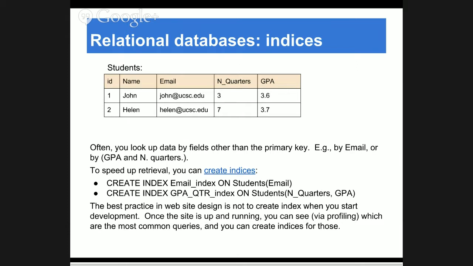Now you have a lot of rows, and the interesting thing is to read back data in some ways. For example, you can say, tell me everybody that has the email john@ucsc.edu. Or tell me everybody who has been here for at least 6 quarters and has a GPA of at least 3.2.